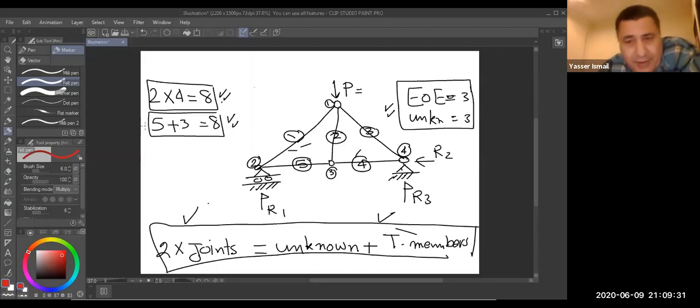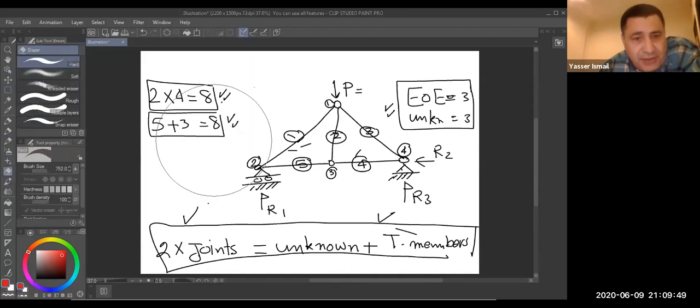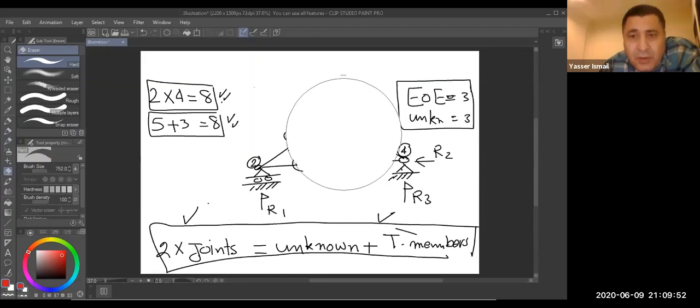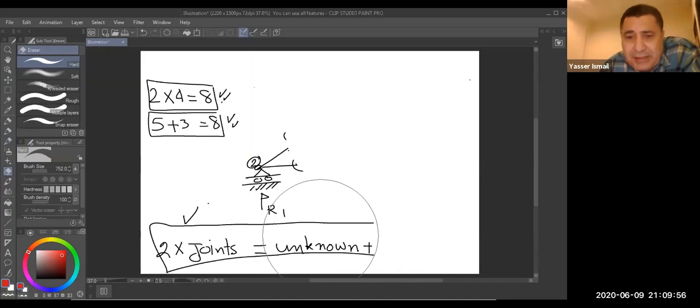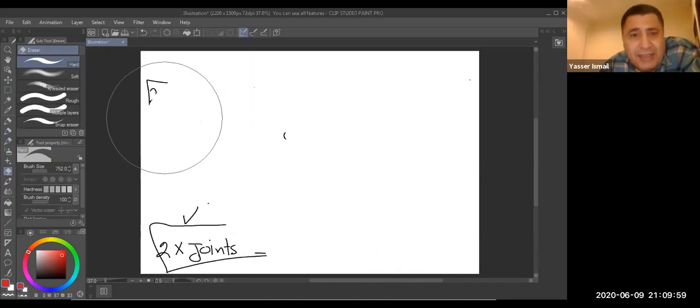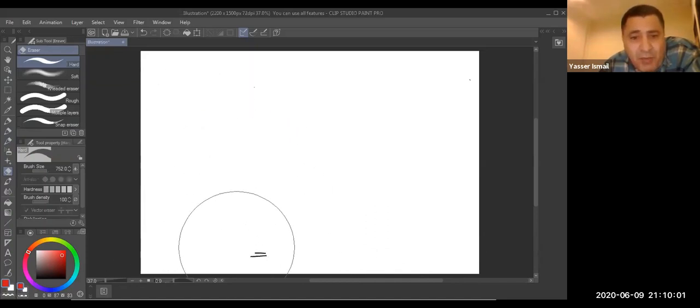Number 1. Number 2, how you are going to define the forces in tension mode or compression mode. Let us see an example. There are a lot of techniques, guys, to study structures, but this is the simplest way and technique to memorize and easily solve any type of question.